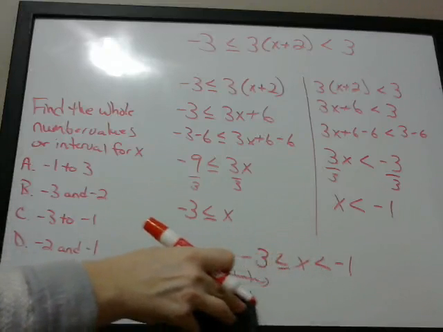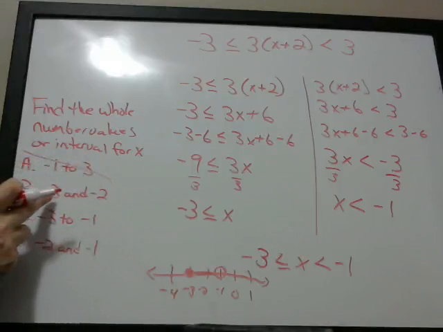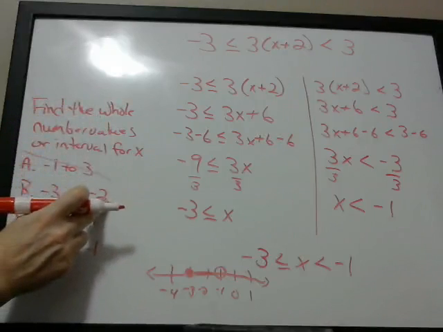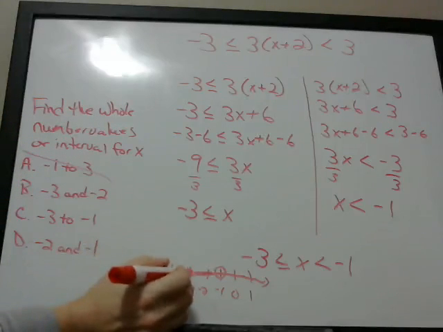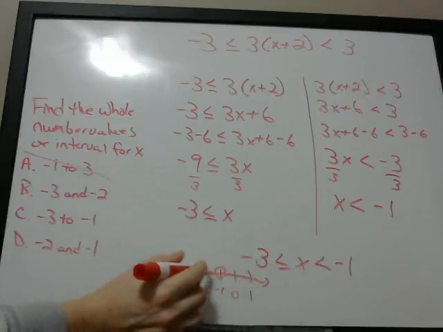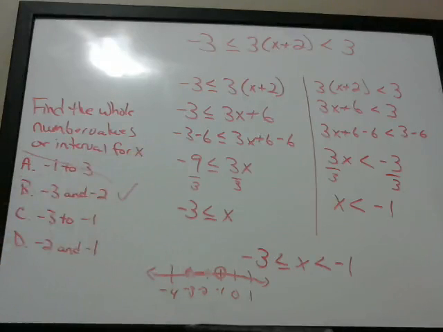It's negative 3 to negative 1. So that's not a right answer. B is negative 3 and negative 2, meaning those are the two whole numbers that fit. Negative 3, well, that fits because x can equal negative 3 and negative 2. So this actually is the right answer, but we'll look at the last two as well.